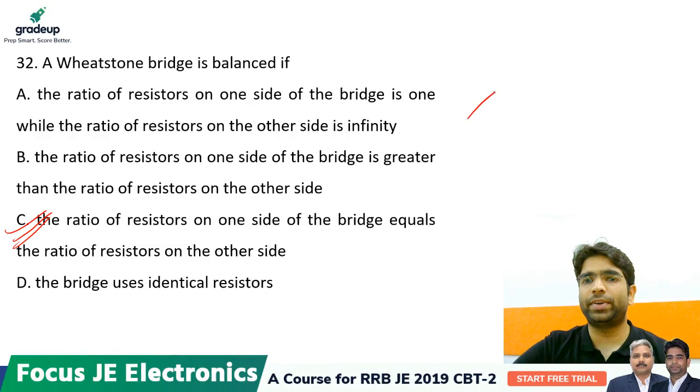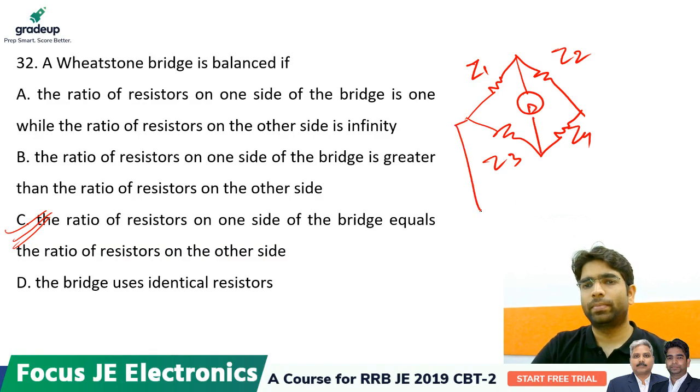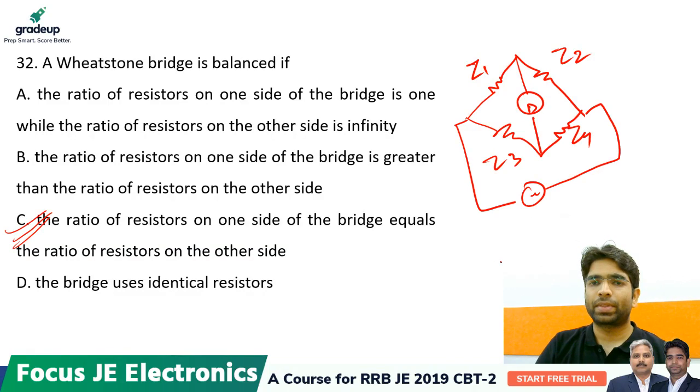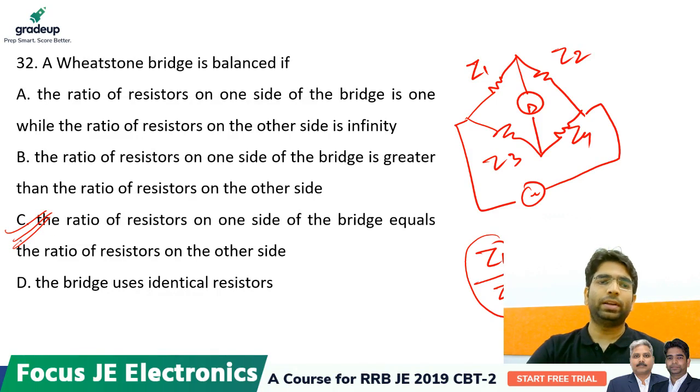My dear friends, this is the Wheatstone bridge, with Z1, Z2, Z3, Z4, and suppose a detector is placed here. The bridge condition is Z1 by Z3 equals Z2 by Z4. So it will be option C.